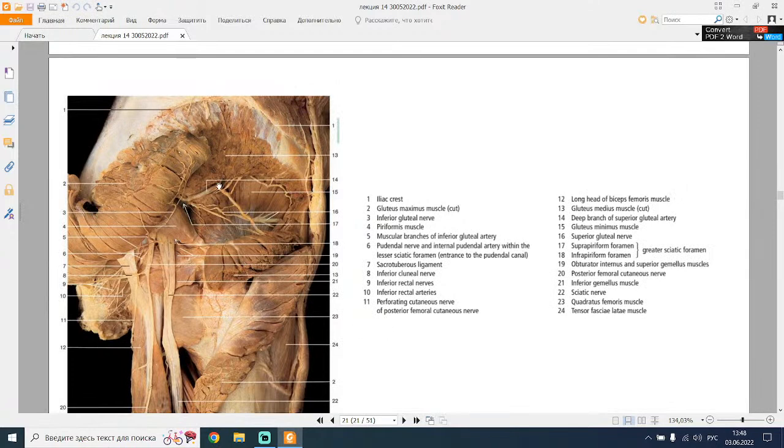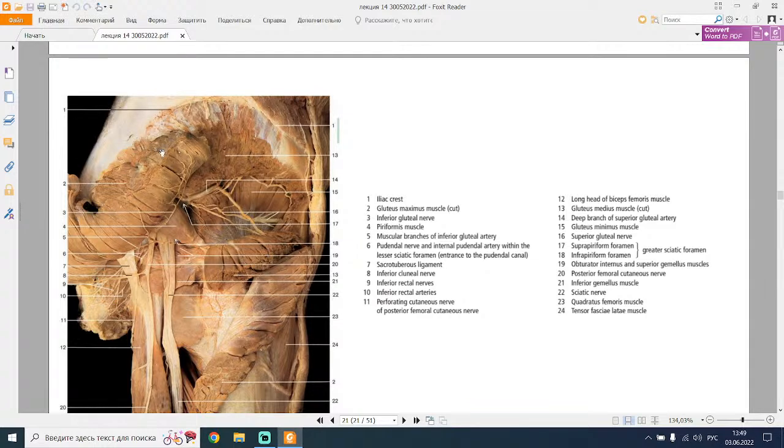Here you see arteria glutealis superior. This is arteria glutealis inferior, and you see arteria pudenda interna and arteria rectalis inferior.